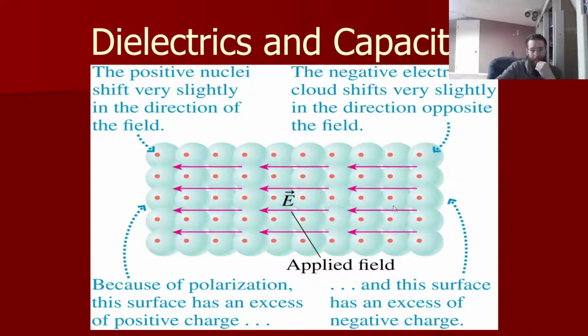And so what happens here is, we have this external field, as it shows right here, this E, shown with the pink arrows. And here it shows the insulator slightly polarizing. It's not really different, but you can see that the positive nucleus is more on one side than the other. And so that ends up giving it an electric field in the opposite direction, right?